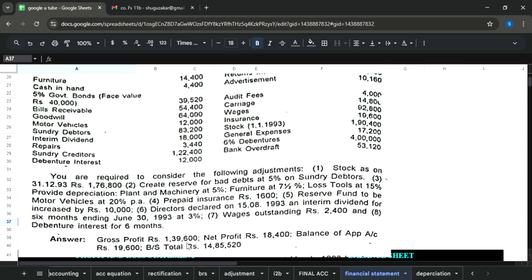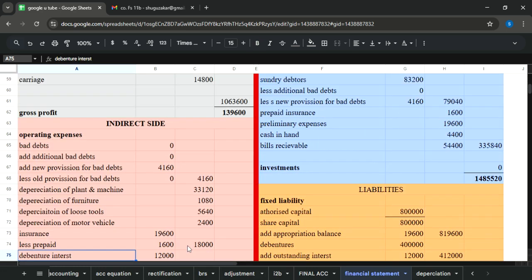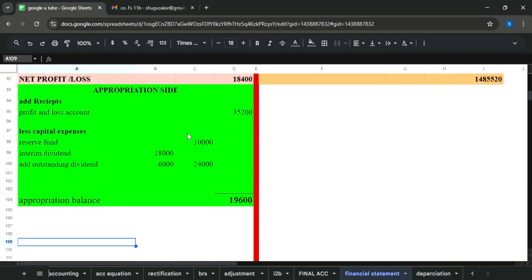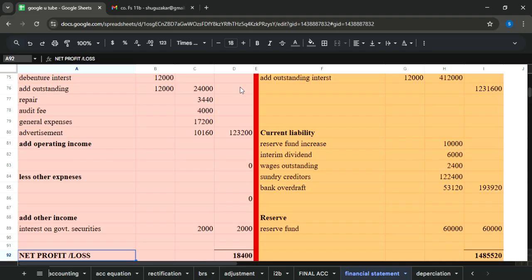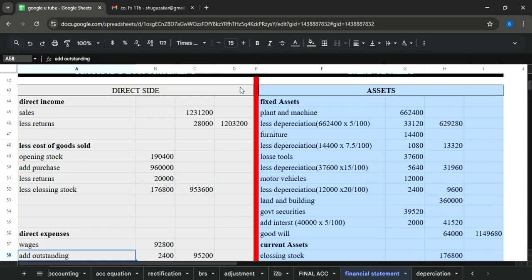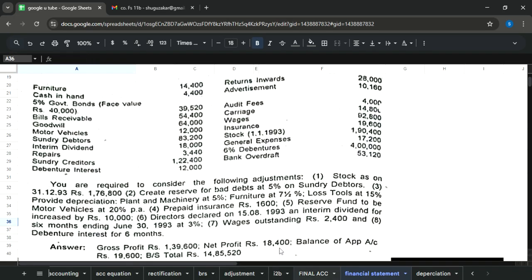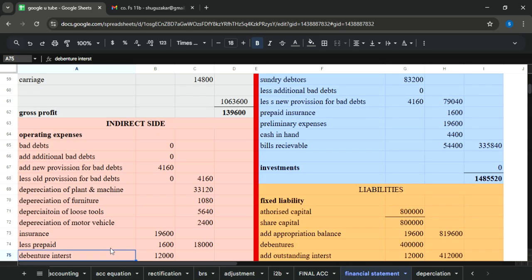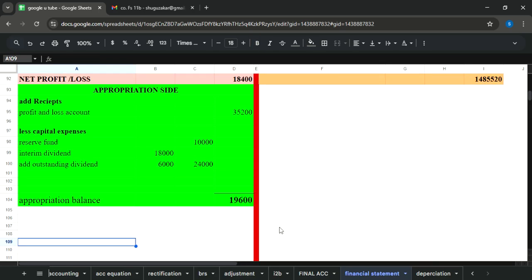Our gross profit was 139,600, and look here, our gross profit was ready. Then we calculated net profit 18,400, and you have seen 18,400 present over here. Appropriation balance 19,600, and this was also recorded.